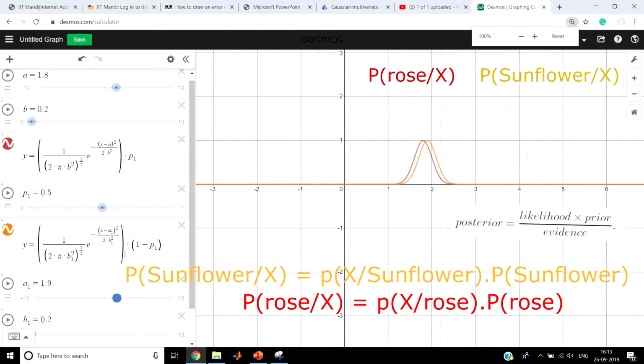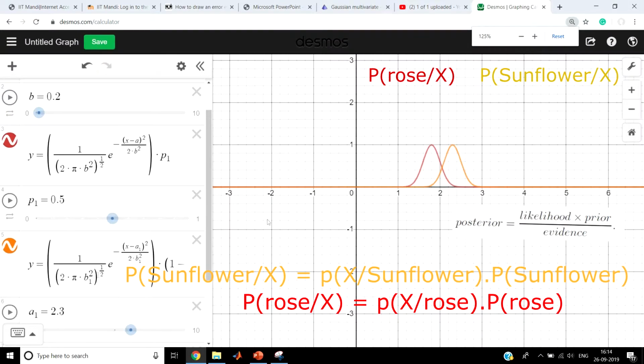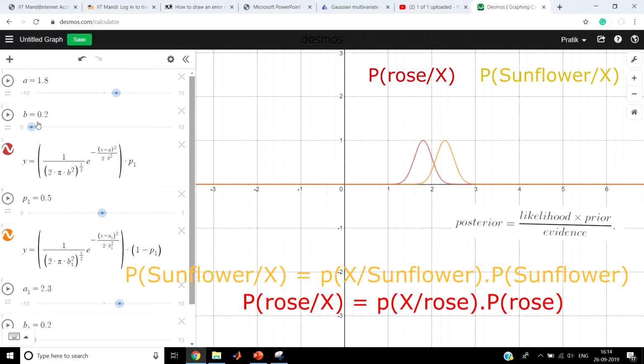I can also vary the mean and variance of this sunflower. So I have the mean and variance of sunflower over here. From the training data, I can fix the value of mean and variance. Let us stick to our example.